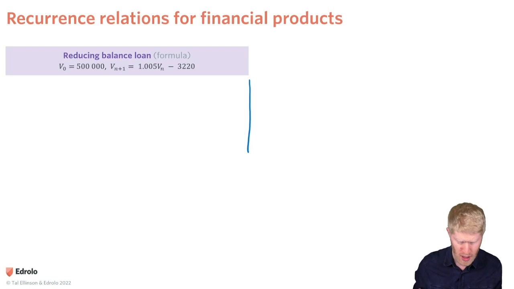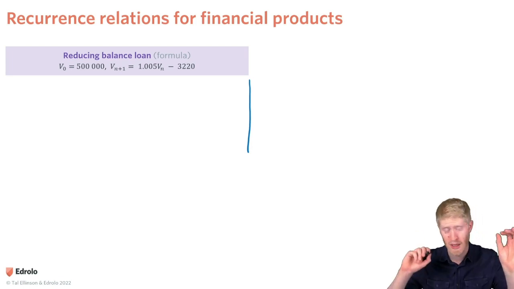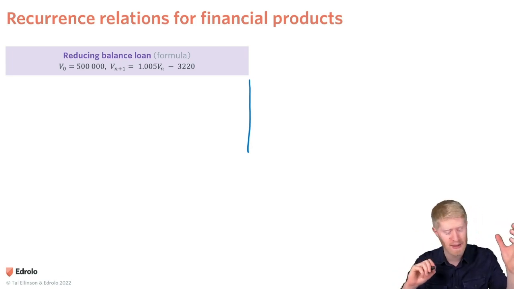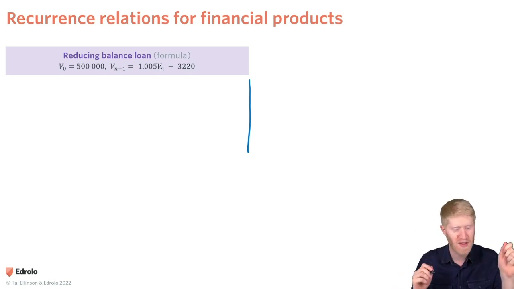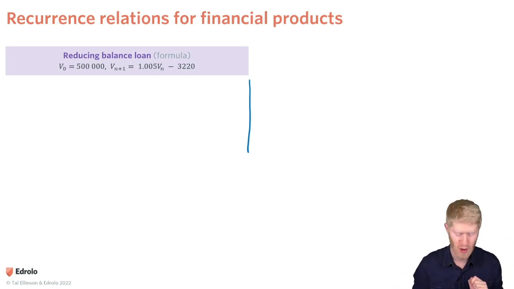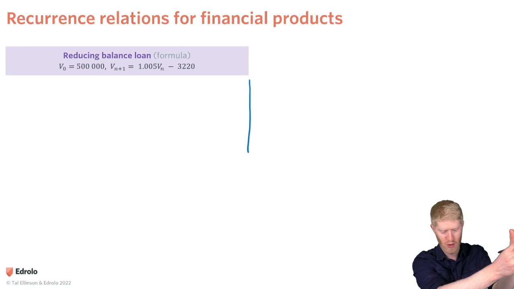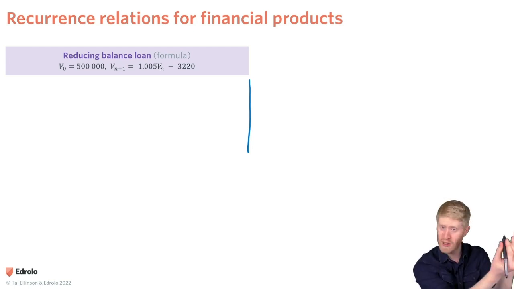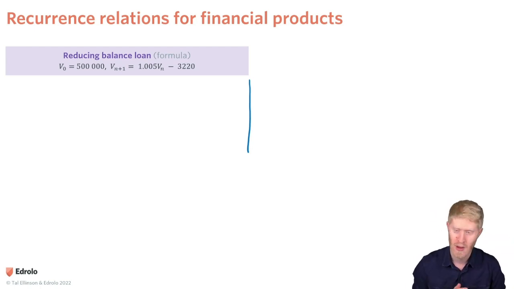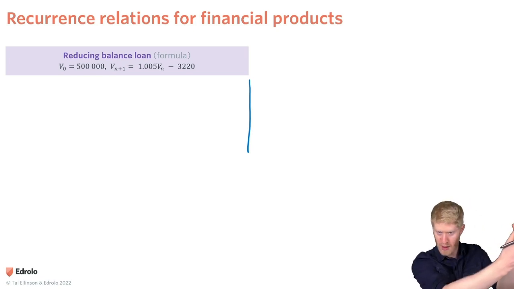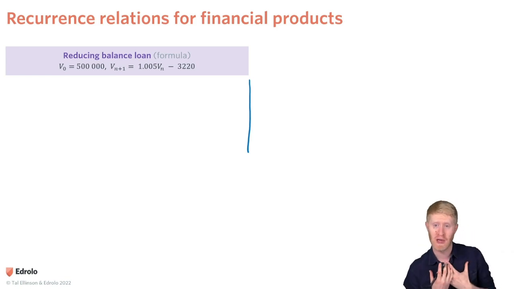Mathematically, nothing's changed, but conceptually, or in practice, something has. The payments are still the same amounts, but the direction they're going from and to is different. With an amortising annuity, you gave a chunk of money to a super fund, and then you received regular payments. For a reducing balance loan, an institution, not the super fund in this case, a bank, is giving you the big chunk of money, right?